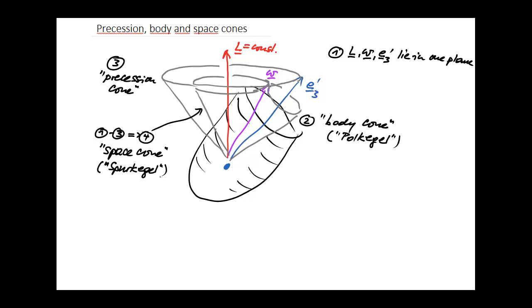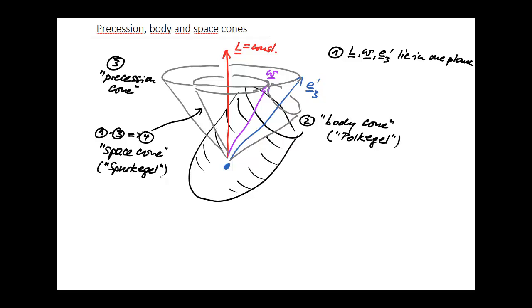When you are given the plane spanned by these 3 vectors, the projection of omega on E3 prime, and the length of omega, these are all constant in time, then this uniquely specifies the location of omega. When you're given E3 prime and L, this specifies the plane spanned by them. When you're also given the body cone, there is a unique intersection of the body cone with this plane, and omega must be situated at that intersection.